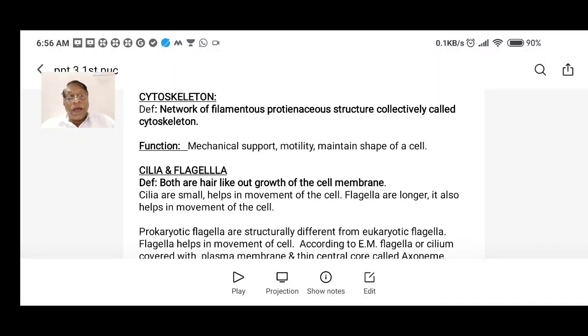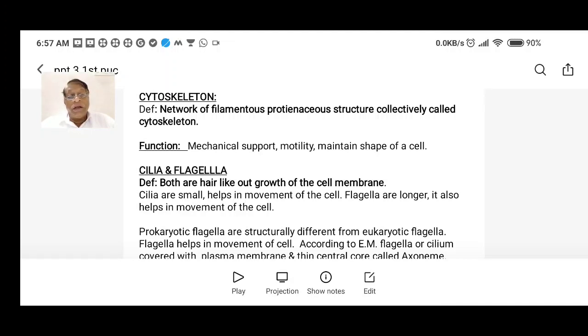The prokaryotic bacteria also possess flagella, but these are structurally different from eukaryotic flagella.